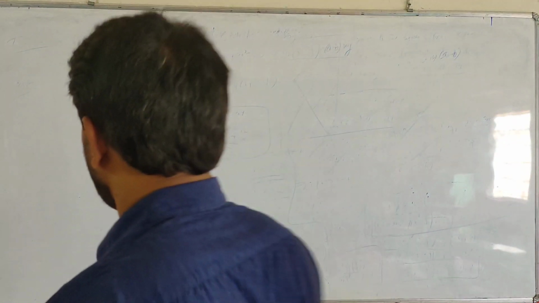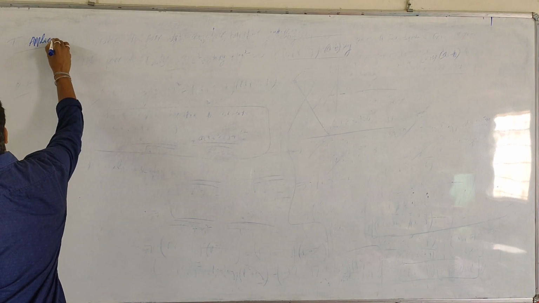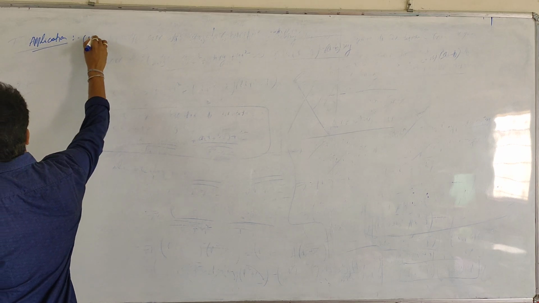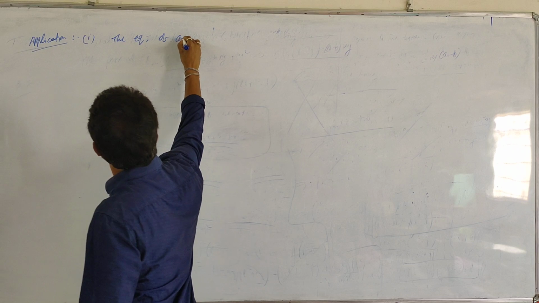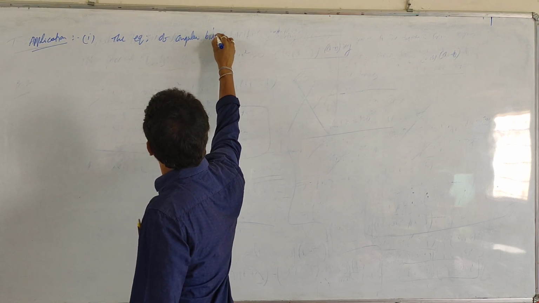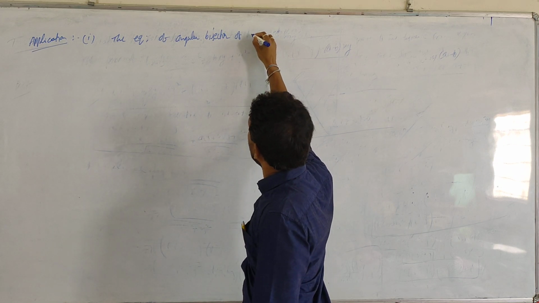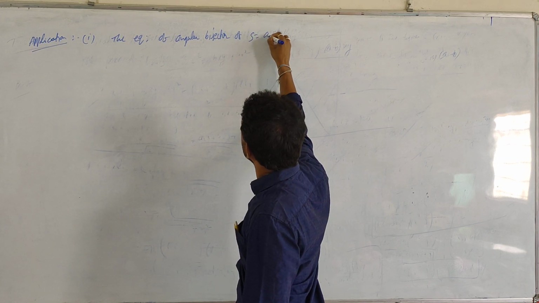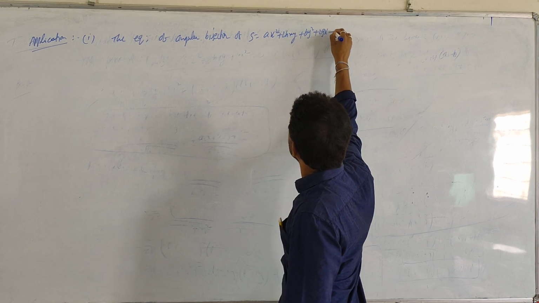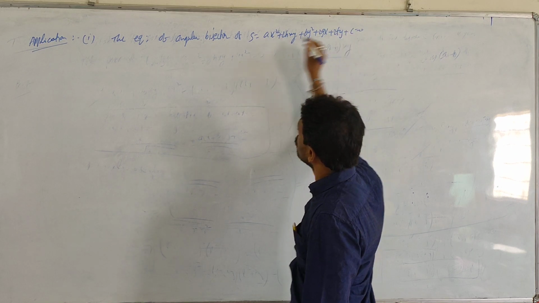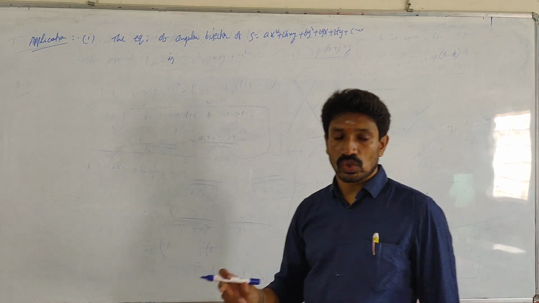Next, based on the above theorem, one application. The equation of the angular bisector of S equal to ax square plus 2hxy plus by square plus 2gx plus 2fy plus c equal to 0 is, see here in the previous theorem, what is the formula?